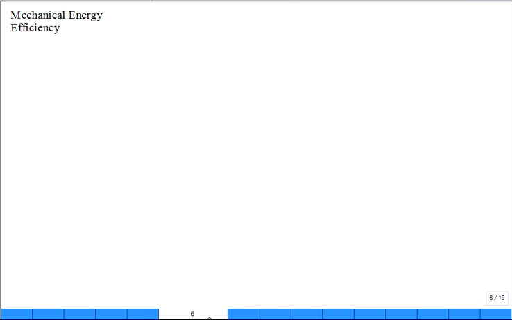Now let's talk about mechanical energy and efficiency. A lot of times we have a system where we have energy maybe coming in, let's say it goes into a pump. What's the purpose of the pump? Take some fluid from state 1 and take it to state 2.